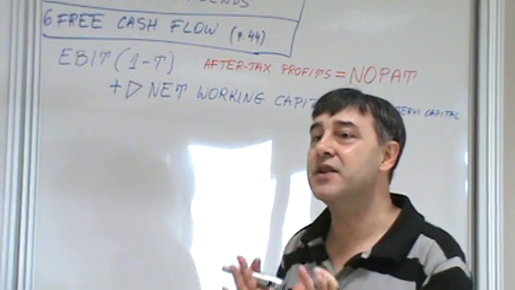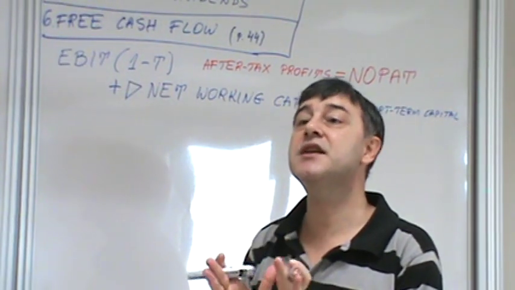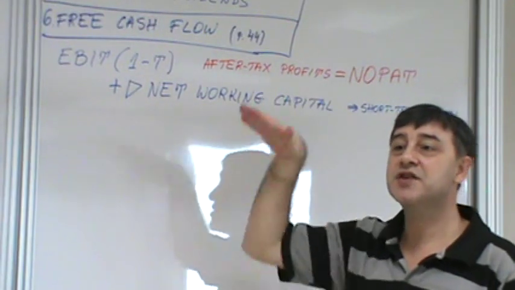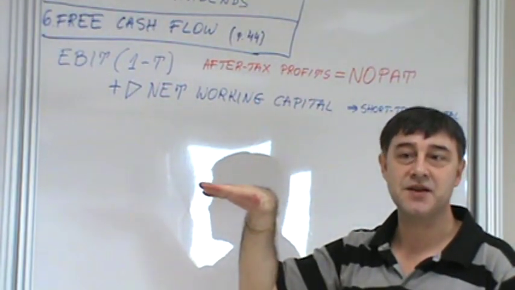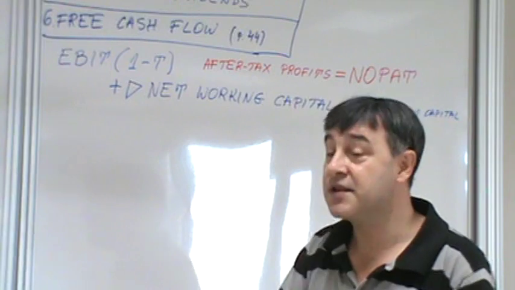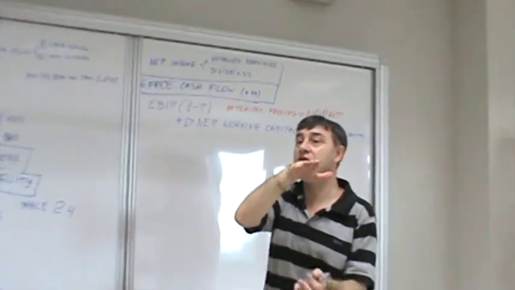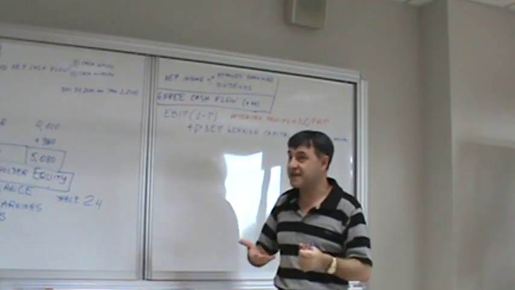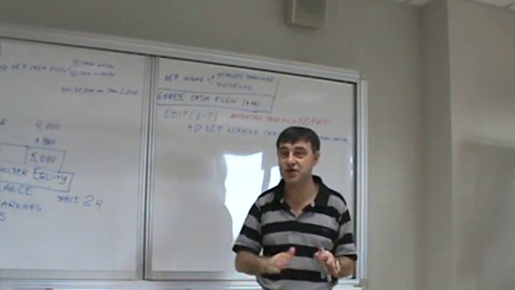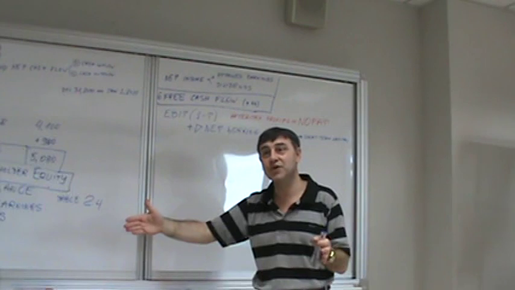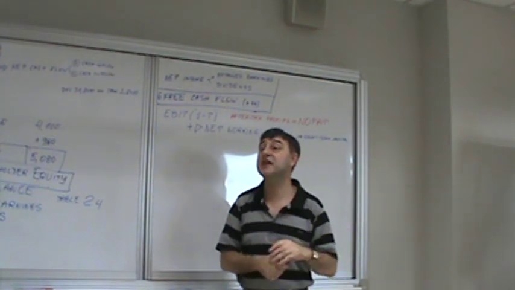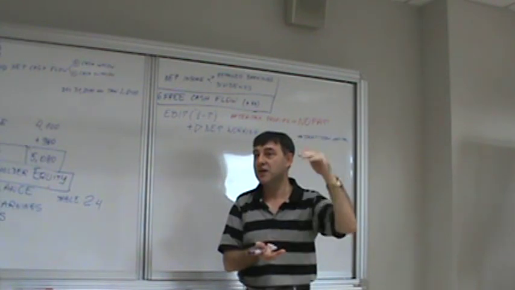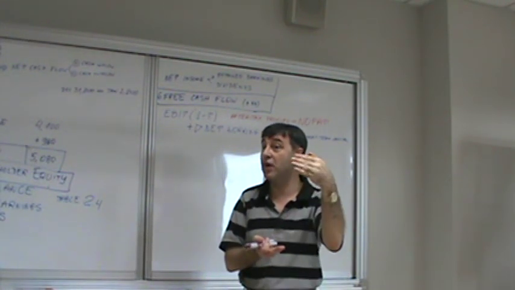Let's think of it in a very simple and easy way. Say there is no change in current liabilities, and no change in current assets except for inventory. Before, you kept 10 computers in the store. Now you increase the inventory from 10 to 12 computers.